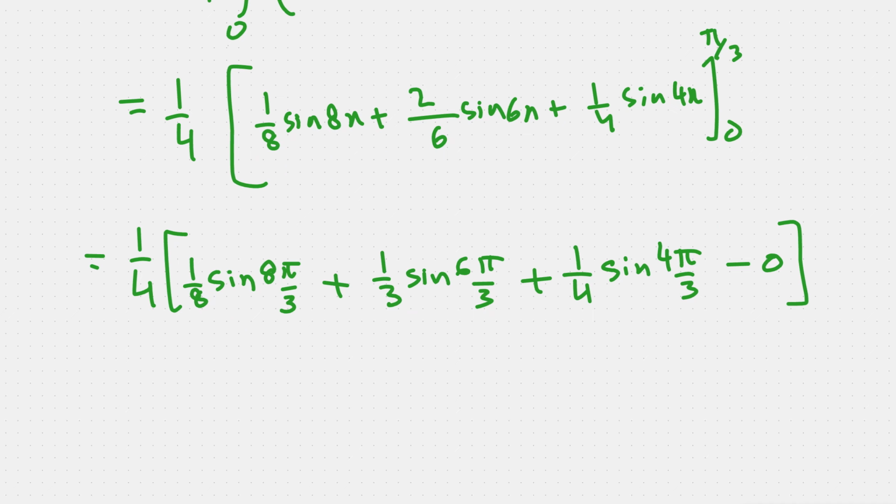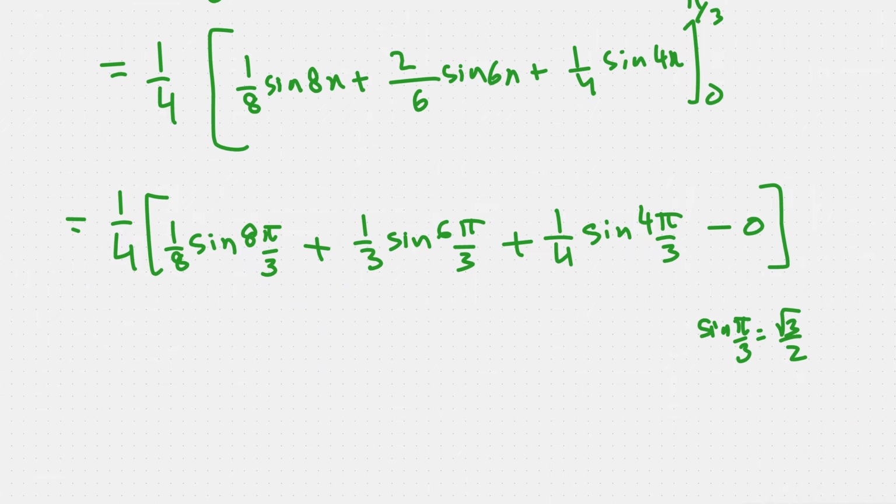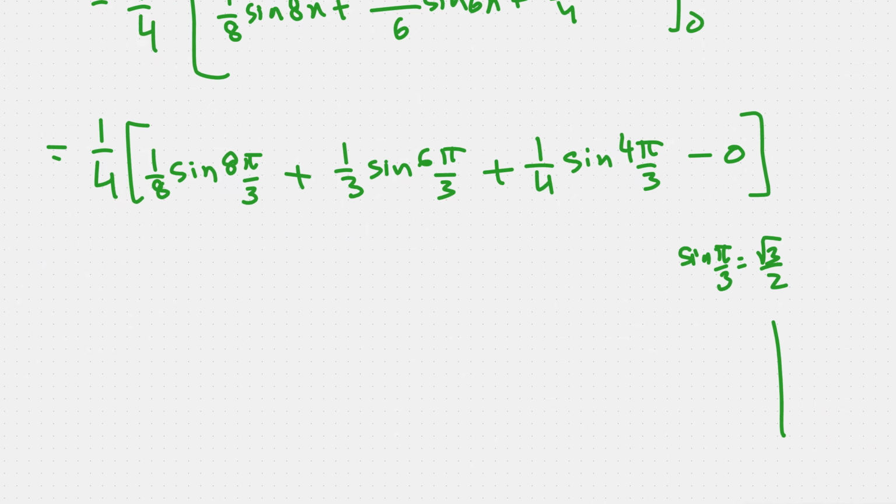So then we have to find out what each of these are. Now we know sine pi over 3 is root 3 over 2. However, the sign has to be positive, so it has to lie only in the first two quadrants. So if this is pi over 3, that is 60 degrees, what's 8 pi over 3?